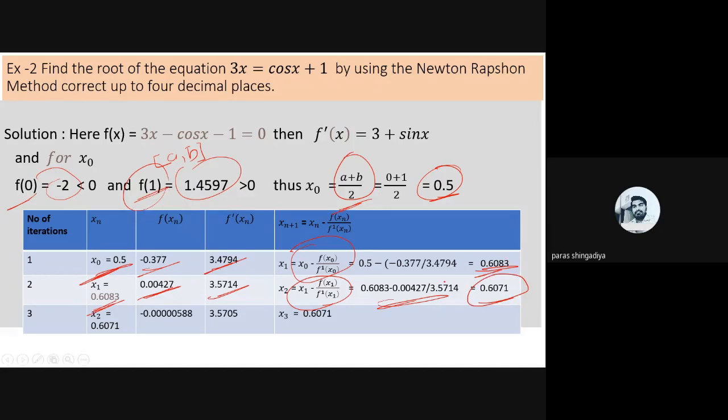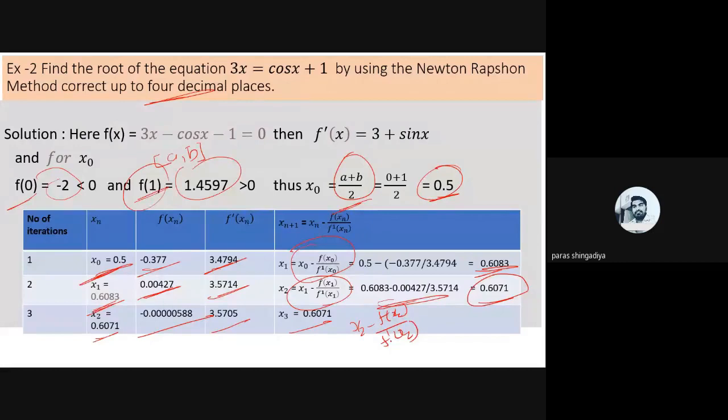We require the answer correct up to 4 decimal places, so consider 4 digits after the decimal in your answer. You can also fix this in your calculator so it will display 4 digits after the decimal. Then find x3: use x2 equal to 0.6071, its function output and derivative output, and use the formula x3 equals x2 minus f of x2 upon f dash of x2.